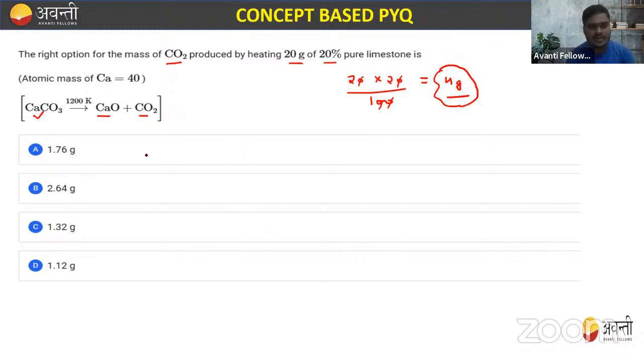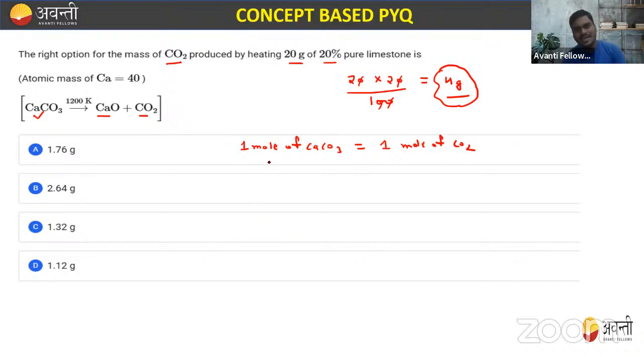So from the given equation we can say that 1 mole of CaCO3 will produce 1 mole of CO2. Now you can convert this into mass, right? So how will you convert mole into mass? Because we know mole is equal to mass upon molecular mass, right?